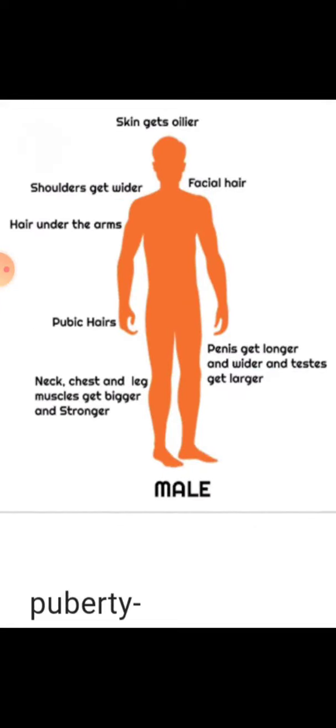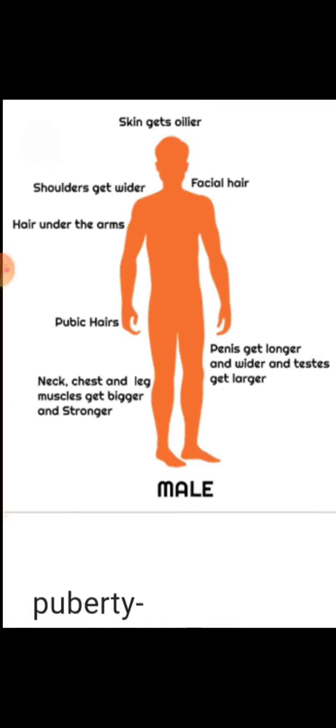Now, puberty in boys. Boys achieve puberty later than girls, usually between 13 to 14 years of age. They also experience a sudden spurt in growth or increase in growth, characterized by a swift increase in height. The testes mature and produce sperms. The testis secretes male sex hormones.